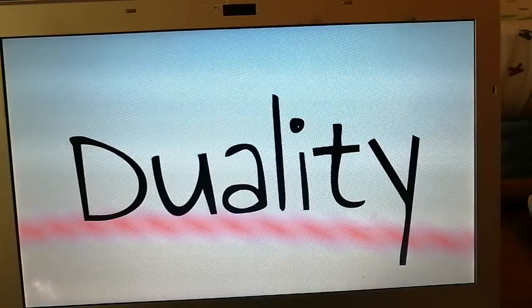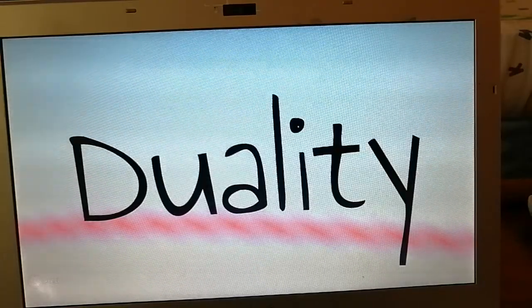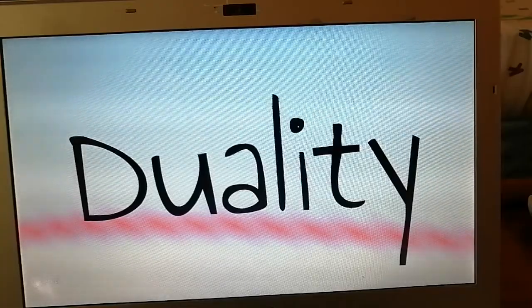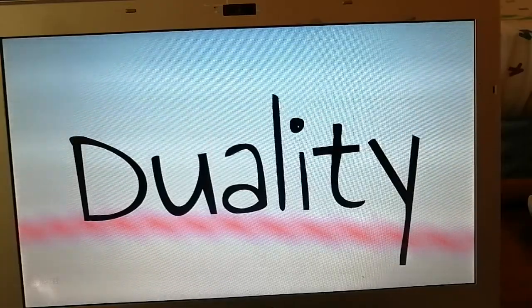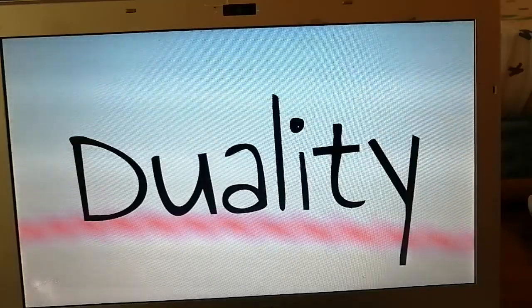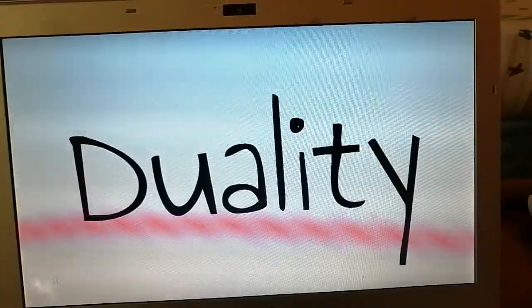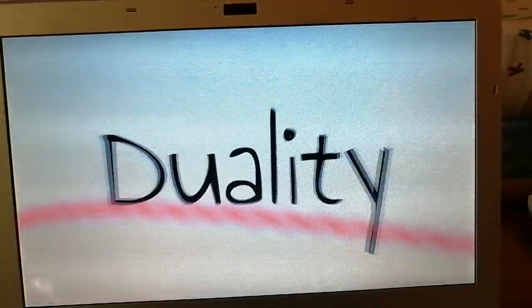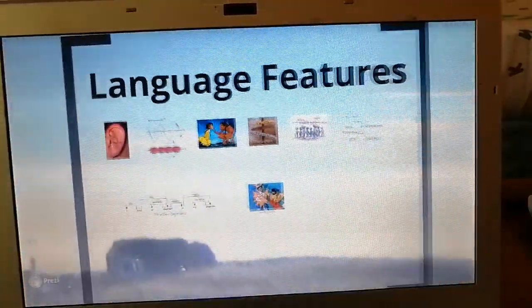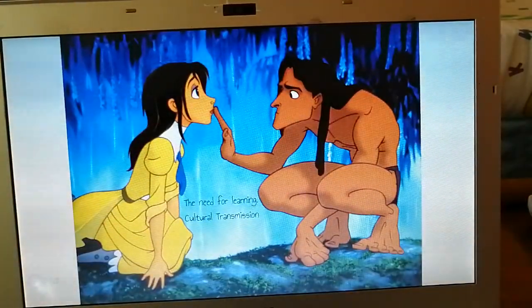If we just did that, my language would sound like this. But that is totally meaningless. So in order to be a language, we need two layers together. Sound plus meaning together.